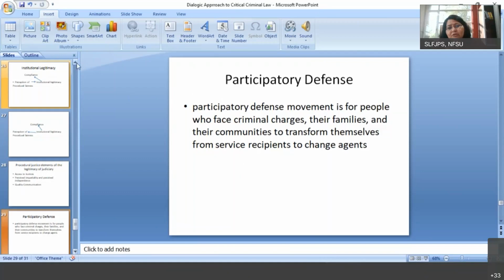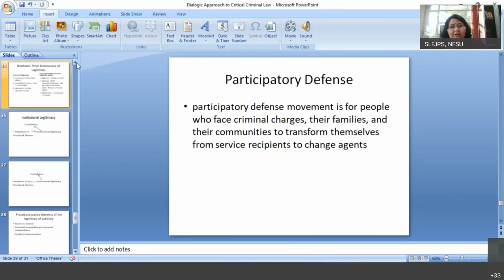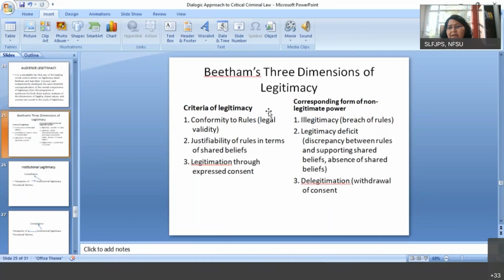Now, when it comes to procedural fairness issues with reference to the court and the police power, there are different models. Beetham has given three dimensions of legitimacy. One aspect is the criteria of legitimacy, and the other is the corresponding form of non-legitimate power.